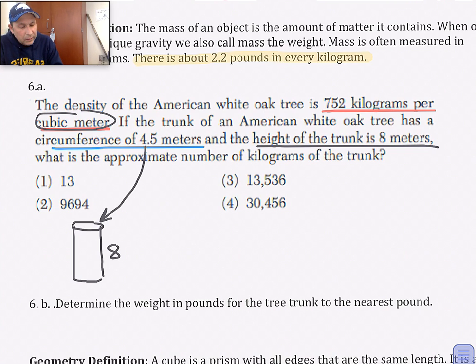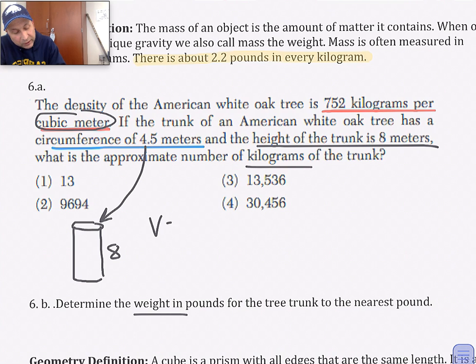So maybe it's obvious in the unit that we're studying that you're going to be figuring out the volume of this tree trunk, based on the fact that we're going to try to figure out how many cubic meters of wood is actually in that tree trunk. So figuring out the cubic meters will help us unlock the answer to our question, which is how heavy it is in kilograms, and eventually how heavy it is in pounds. So we're going to figure out the volume here.